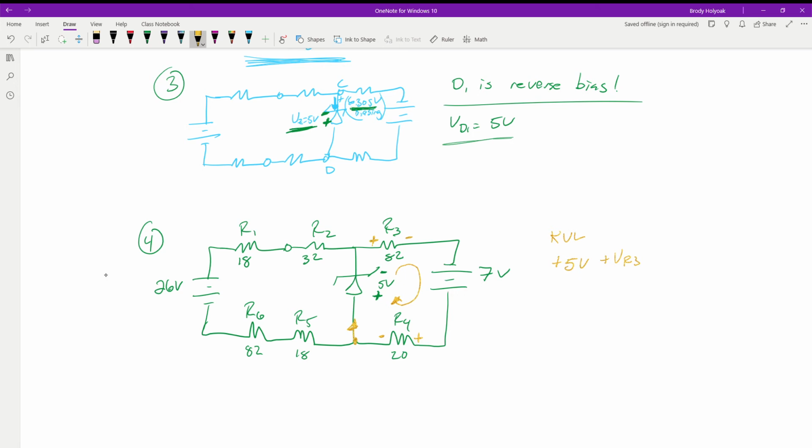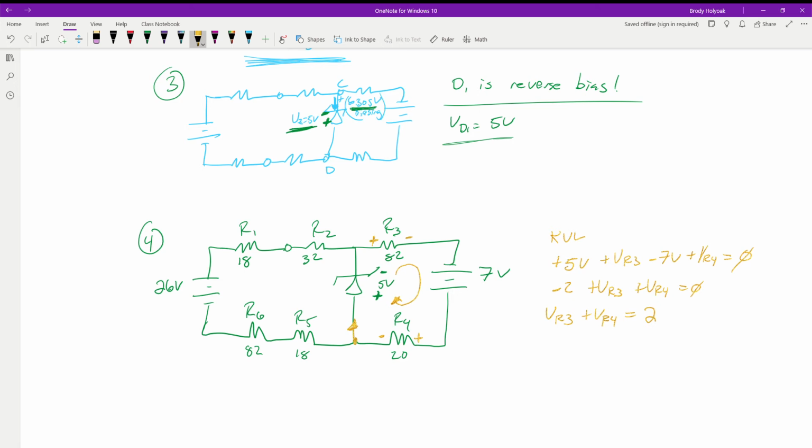So we'll have our VR3, our minus 7 volts, and then a plus VR4, and that has to equal 0. So we end up with a negative 2 plus VR3 plus VR4 equals 0, and then the voltage drop of 3 added to the voltage drop of 4 has to equal 2 volts.